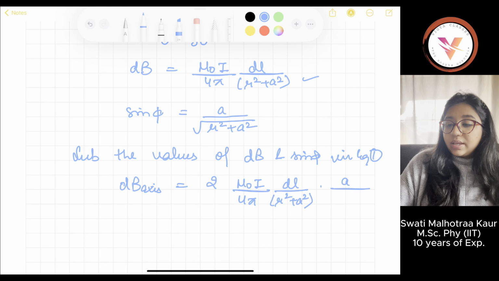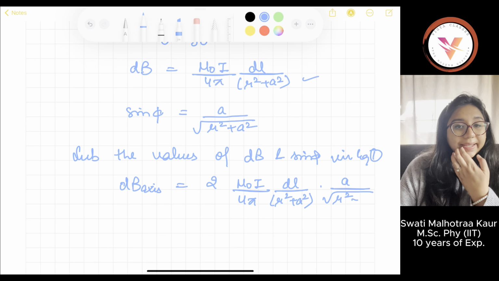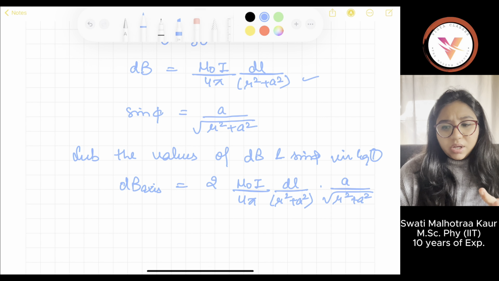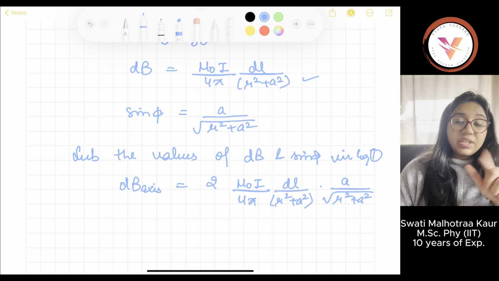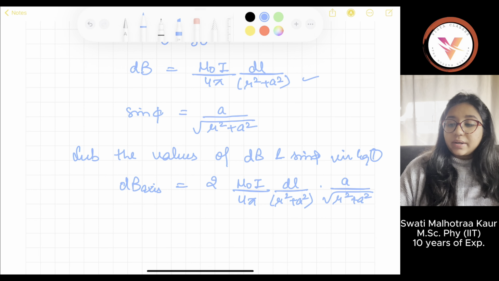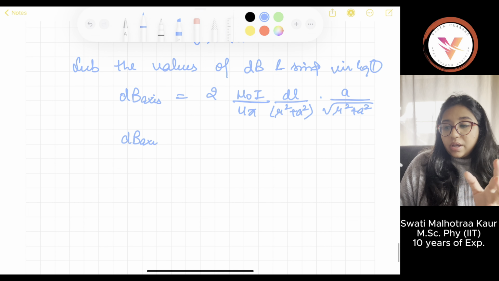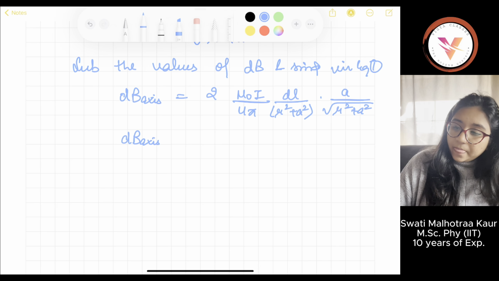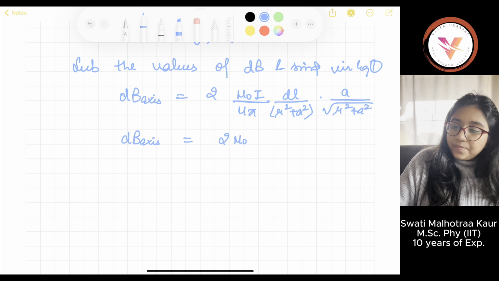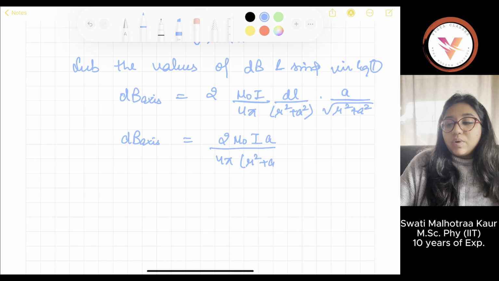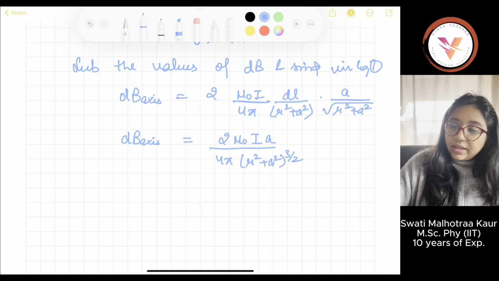See here, all you have to check is which are constant and which are variables. Those which are variable you have to substitute, and you have to bring everything into one variable so that you can integrate it. Now here you can see that everything is constant except dl. So this is 2 mu naught I a, all constants, over 4 pi and r square plus a square to the power 3 by 2. 1 plus half is 3 by 2, and dl.